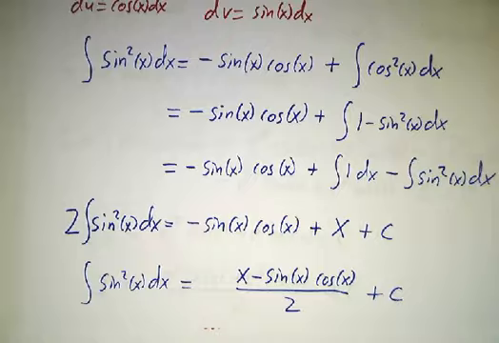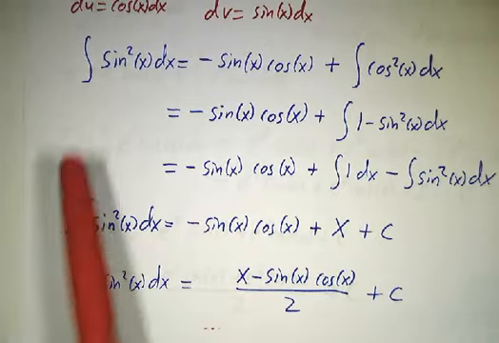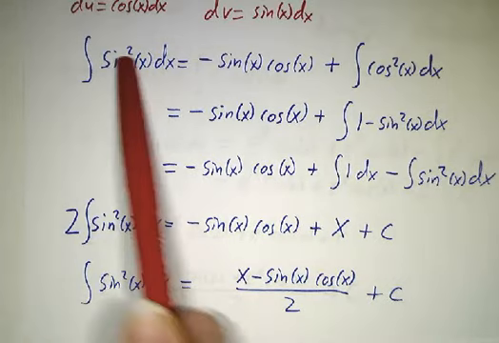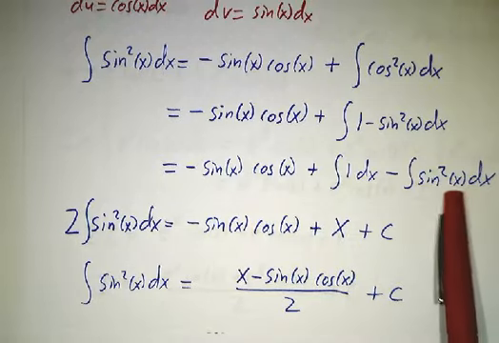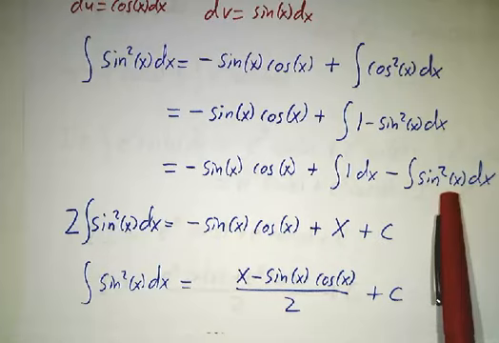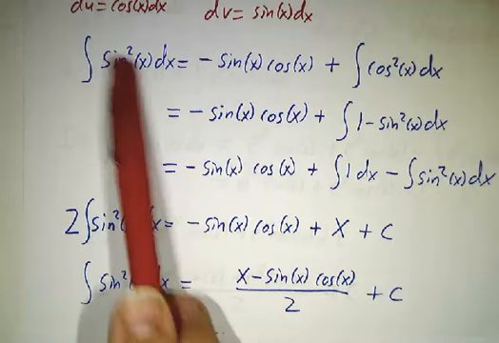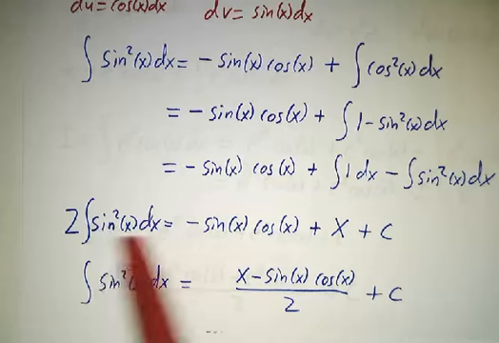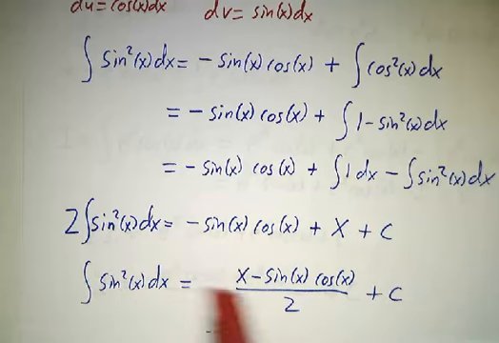So the deal was not replace a hard integral with an easy integral. It was replace a hard integral with stuff minus the same hard integral. And then use algebra. If something is stuff minus itself, then twice that something is the stuff, and that something is half the stuff.